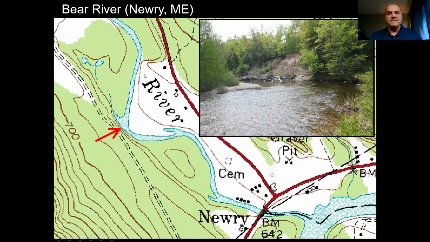But here we can see the channel has been artificially straightened and ends at this higher riverbank, the multiple contour lines indicating a steep rise. The photograph shows you this coming down the straightened channel and impacting this bank. The old natural channel was off in the woods here.